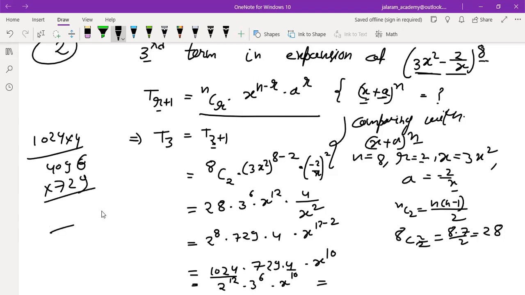So multiply it to get the answer. Or you can leave the answer in this form only. But sometimes we have to find the answer in this form, depending on the 4 options given in an objective question. And in a subjective question, we can leave the answer in the form of powers, or we can find this product also to get the answer.